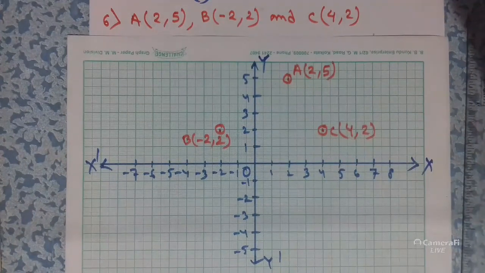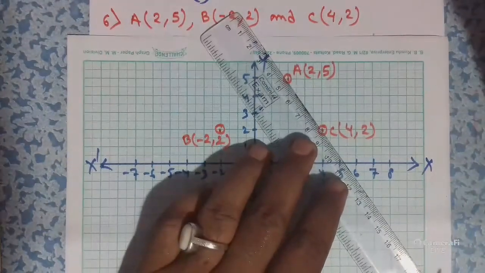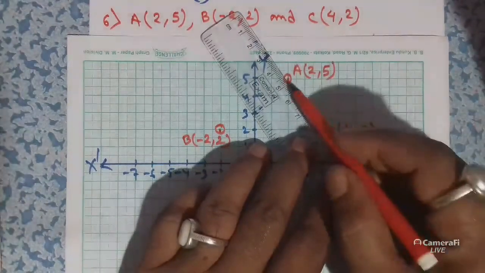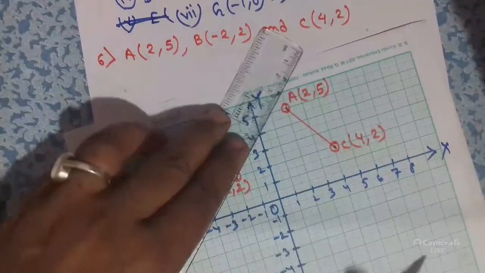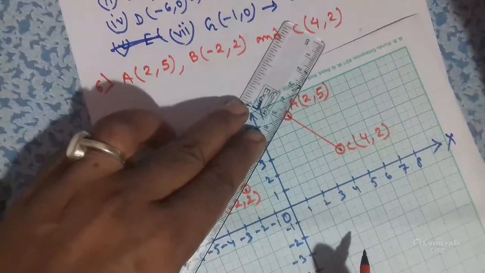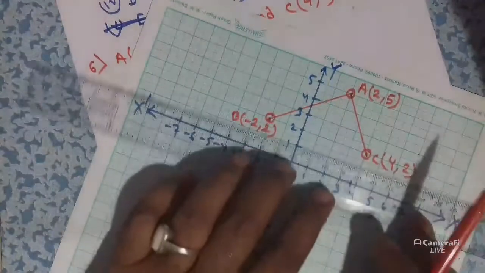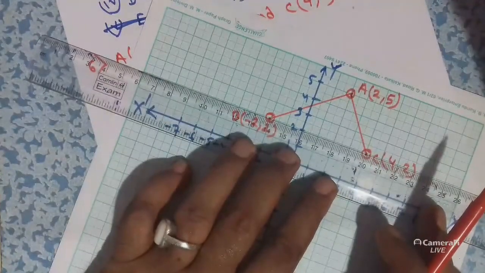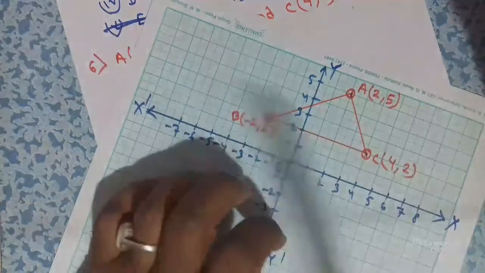Okay. Now after plotting these points, we have to join AC, then AB, and now we have to join BC.